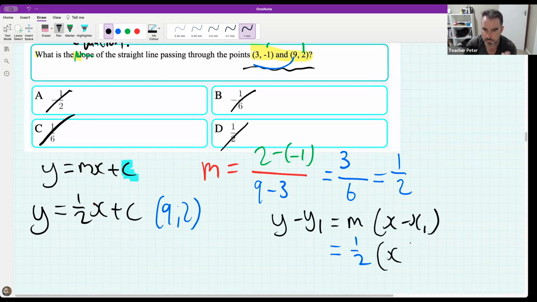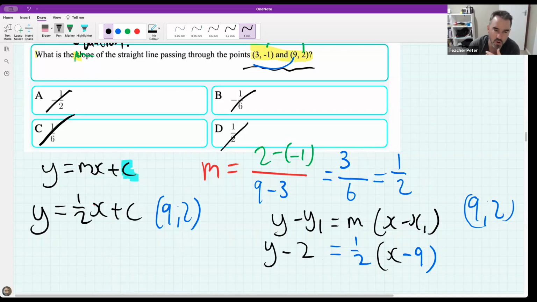Now you have to choose a point as well. So just like we had 9, 2, I'm going to choose 9, 2 again. I don't have to use 9, 2. I could have used 3, minus 1, but I'm just going for it. And then we just go x minus 9 here. And over here we go y minus 2. And I'll come back to that method in a moment.